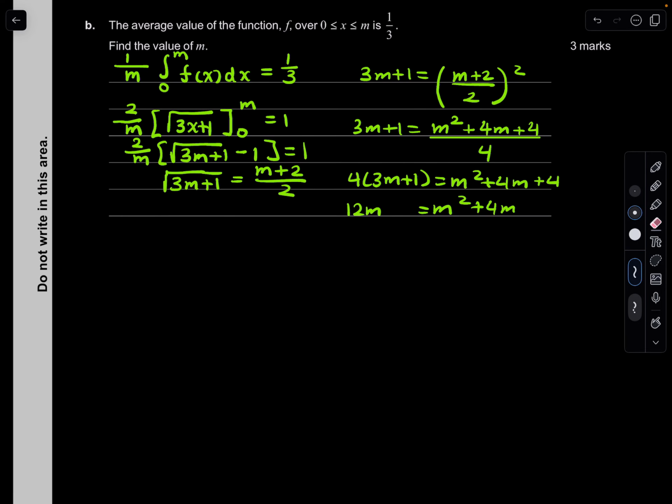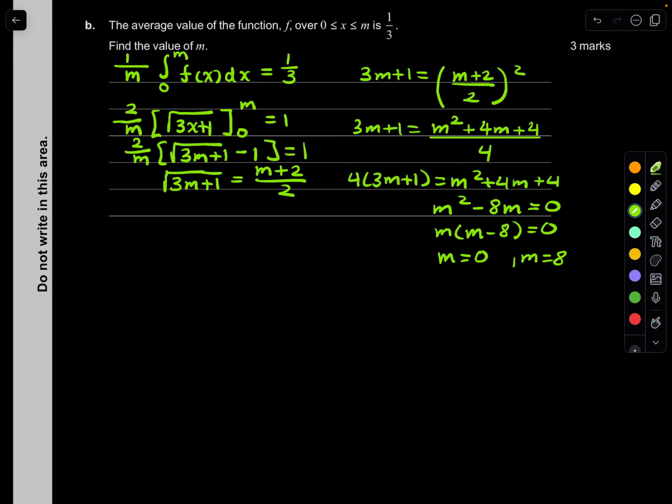Minus 12m on both sides, so you'll basically be left with negative 8m. That's going to be equal to 0. So now, solving that, take a common factor of m, m minus 8 equals 0, so m equals 0, and m equals 8. What the hell? Of course, m equals 0 is not one of our answers. Of course, reject it.